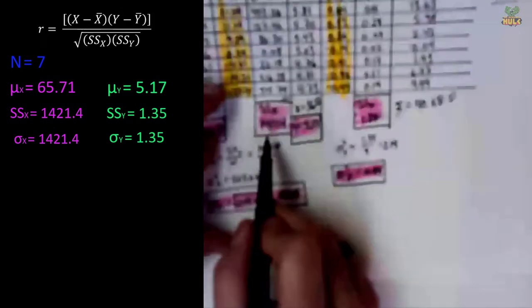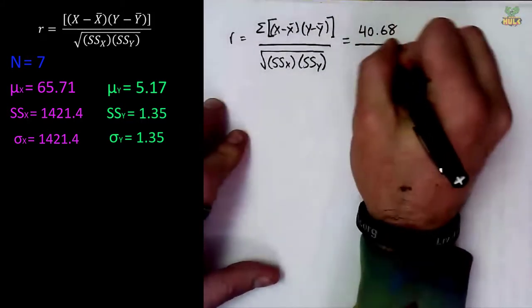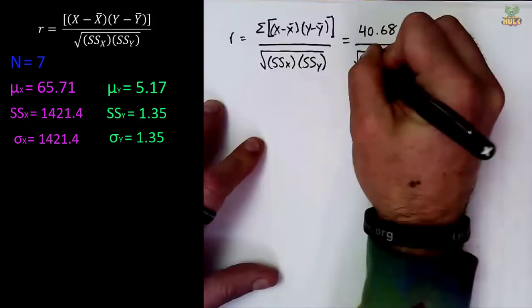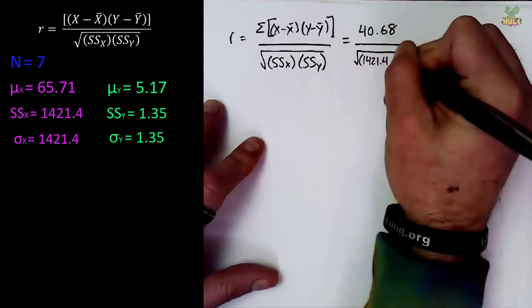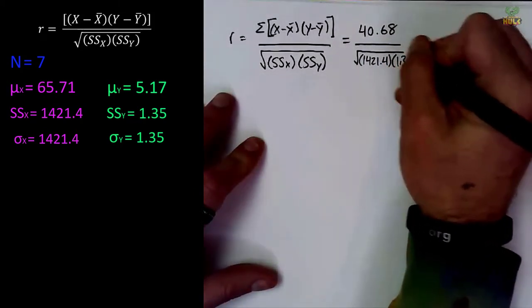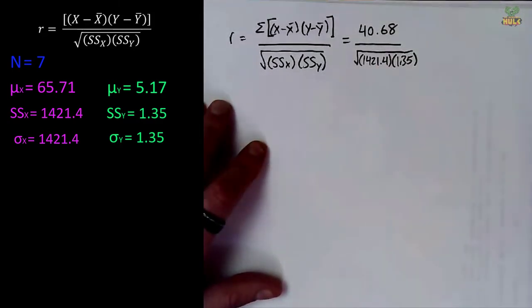Remember, we have sum of squares x, we have sum of squares y, so we can fill that in there as well. So that's divided then by the square root of 1421.4 times 1.35. Now we can solve this the rest of the way. That's a fairly easy process.